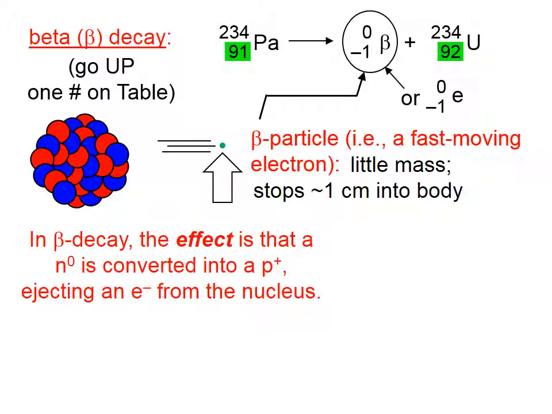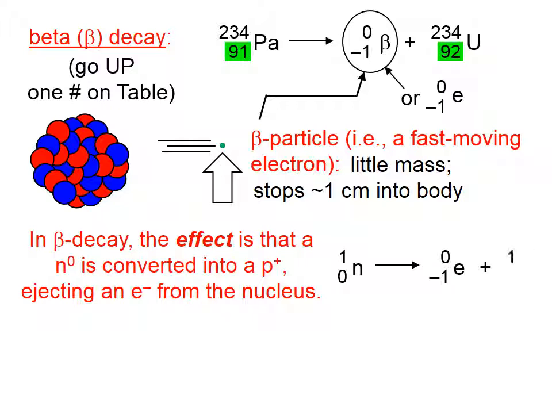In beta decay, the effect is that a neutron is converted into a proton, ejecting an electron from the nucleus. Here is the representation for a neutron. It has a mass of 1, and it has no charge, and I put a little n there to represent neutron. If we eject a beta particle, which is an electron, electrons of course have no mass and a charge of -1, what must be the other product?